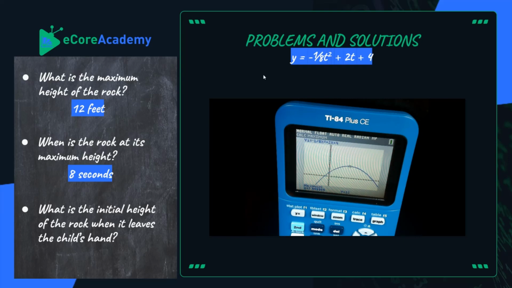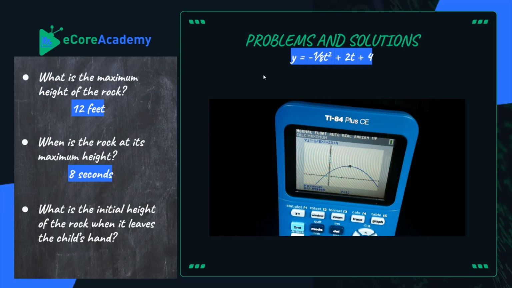So as you can see, if you look at y equals negative 1/8 t squared plus t plus 4, negative 1/8 is your a value. Remember, this is in standard form. 1 is your b value, and 4 is your c value. C value is important because it is your y-intercept.